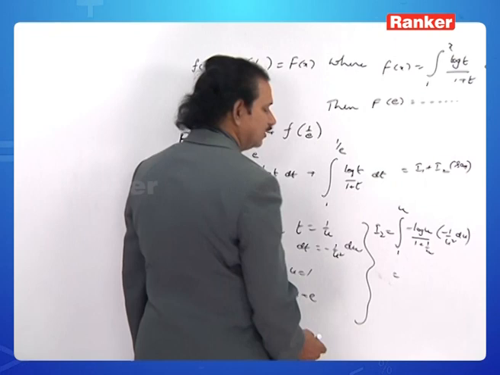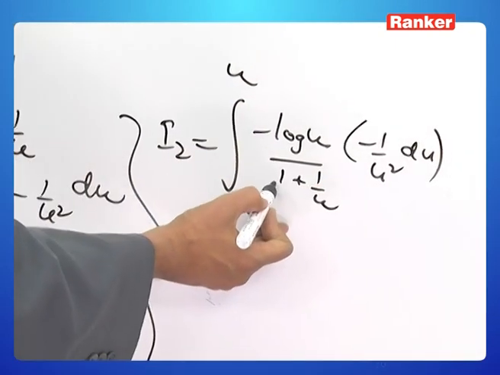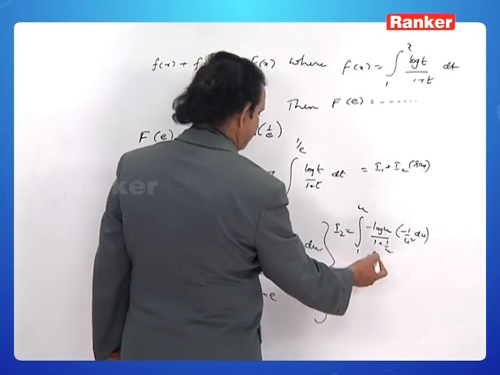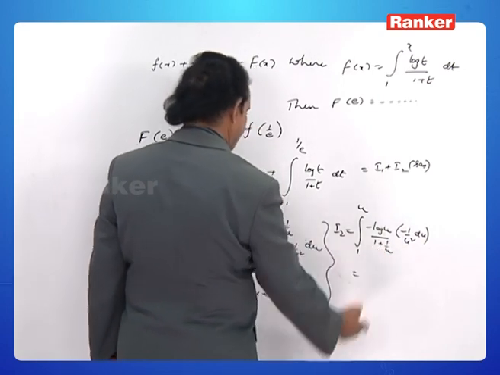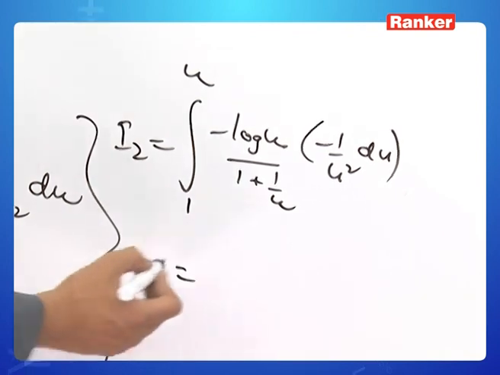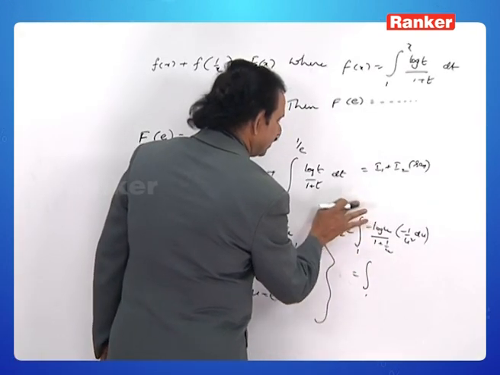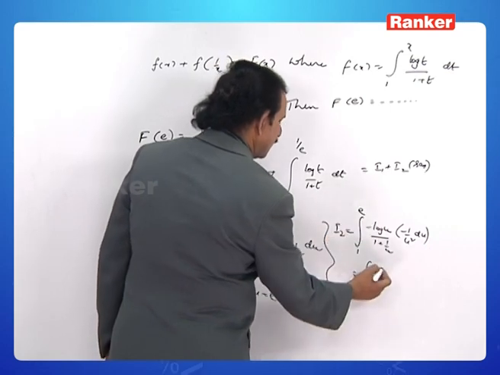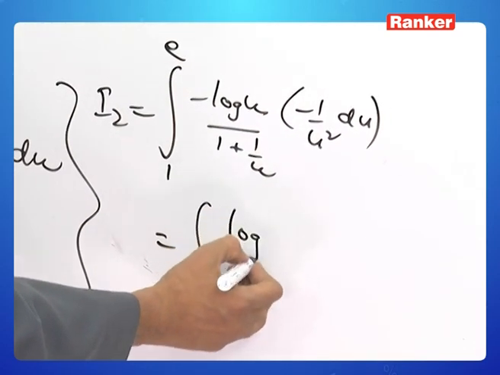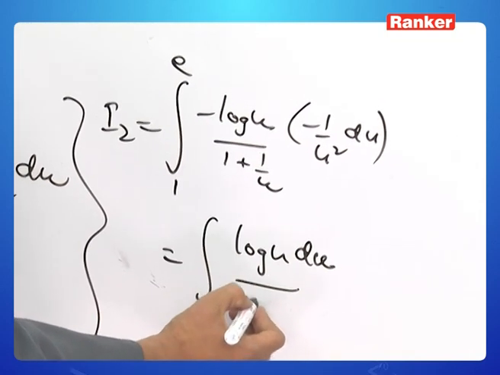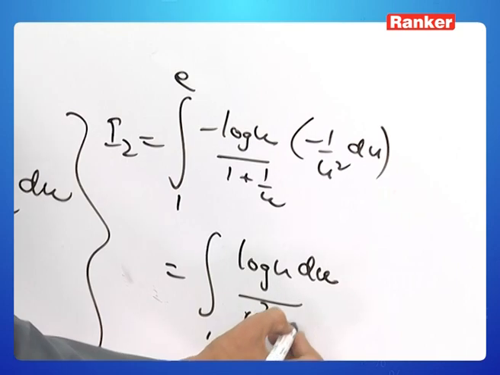This is equal to, multiply this with u square. What happens? U square times 1 plus 1 by u. So it is integral 1 to e log u du by u square plus u.